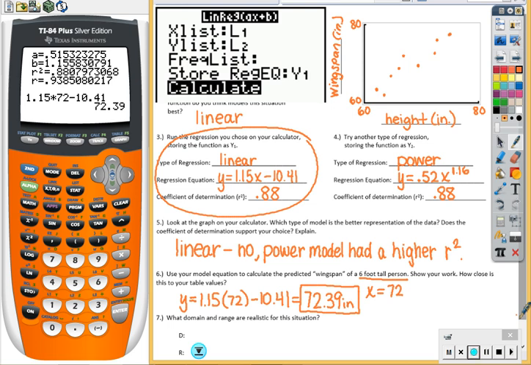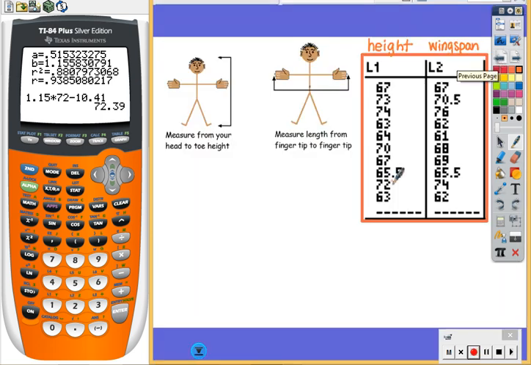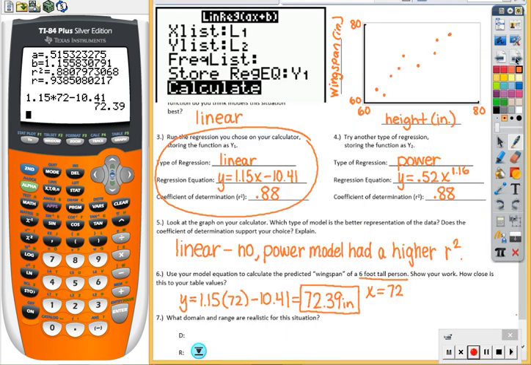How close is this to my table values? So then I'd go back to my table and see if I had a 72-inch tall person, and I did. And I'd compare, and this person actually had sort of longer arms than expected. So I would say that the actual data showed arms about 2 inches longer. And I'm just going to explain that.